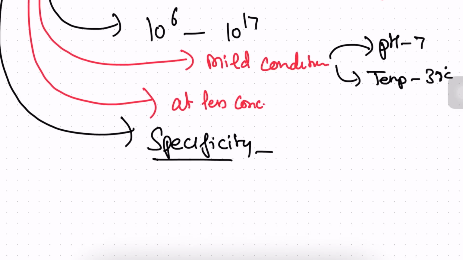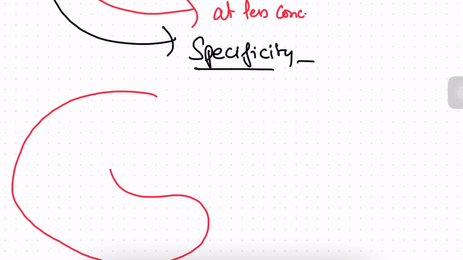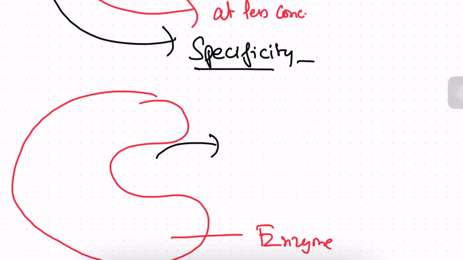Now here, if you see the protein which is going to work like an enzyme, this is the protein. Within the enzyme you are going to have a pocket, which is known as the active site.